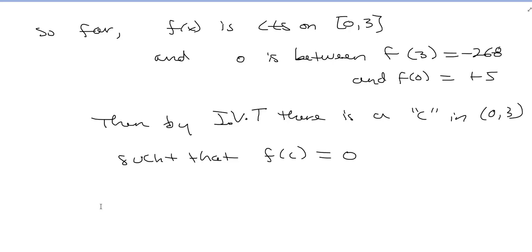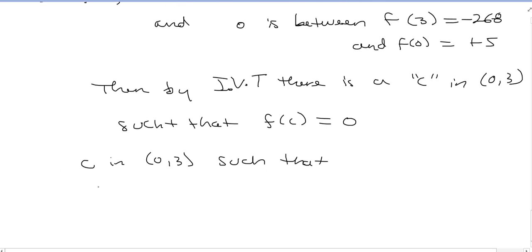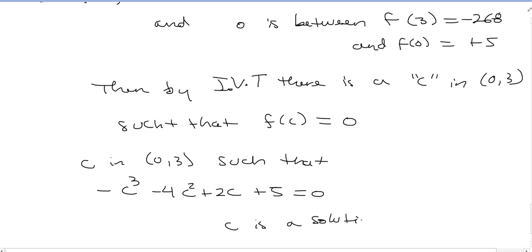What this means is that there is a c in 0, 3 such that negative c cubed minus 4c squared plus 2c plus 5 is equal to 0. So there's a number between 0 and 3 where, when you plug it into the function, you get 0, meaning c is a solution to the equation. So that's one way that we can use the intermediate value theorem.